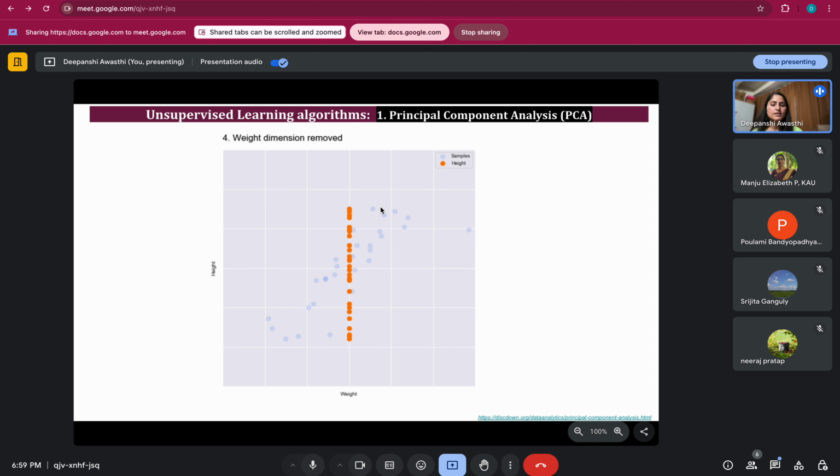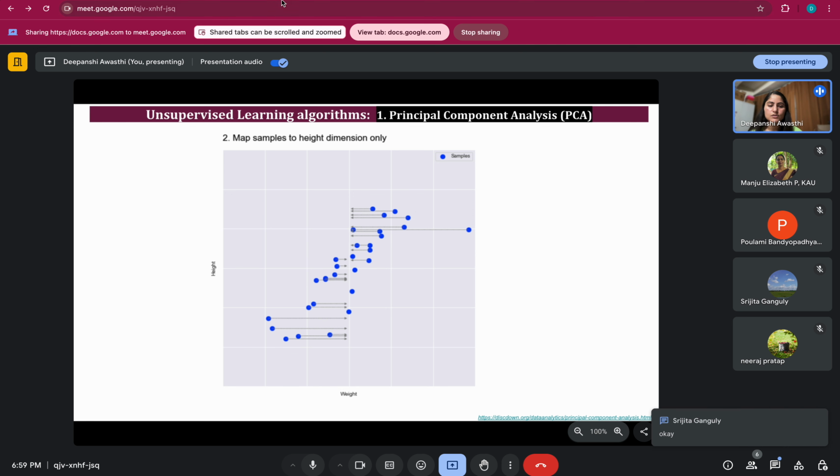In this scenario we select some central point and then we calculate the distance from all these points and we sum up that distance, and if that distance is minimum then we will consider that particular line. So it is just the sum of the distances where the sum is minimum. In that way the line is drawn.